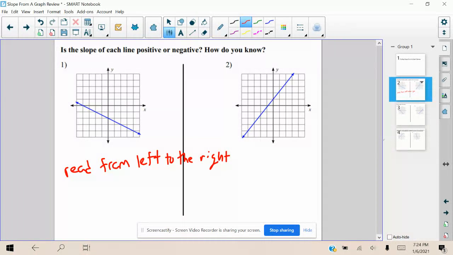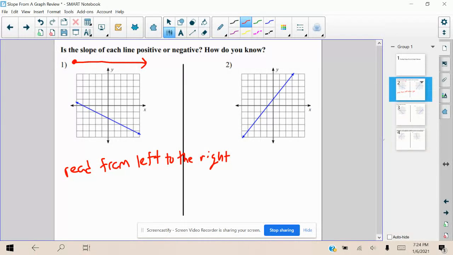Just like a book, right? When we are reading your traditional book, you're reading it from the left to the right. Well, we're going to be doing that exact same method when we're looking at lines. We're starting on the left-hand side, and we're reading it to the right.